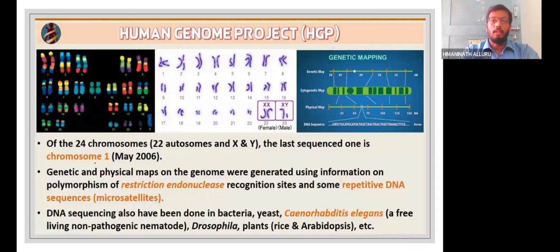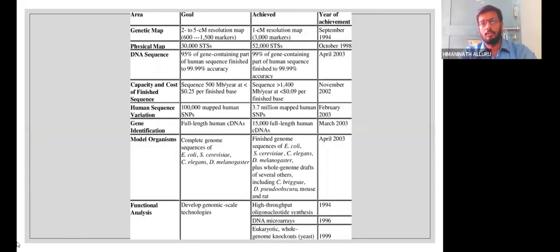The last chromosome, chromosome number 1, was completed in May 2006. So all 22 autosomes, and the 23rd, X plus Y separately, have been completed. Based on this, they also sequenced various other organisms, including bacteria and yeast. Now, in the current status, it has been completed.